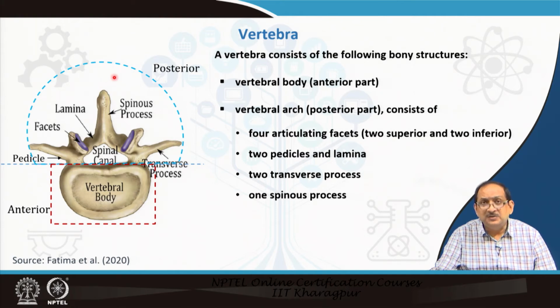The vertebral arch in the posterior portion consists of 4 articulating facets, 2 superior and 2 inferior, 2 pedicles and lamina, 2 transverse processes and 1 spinous process.